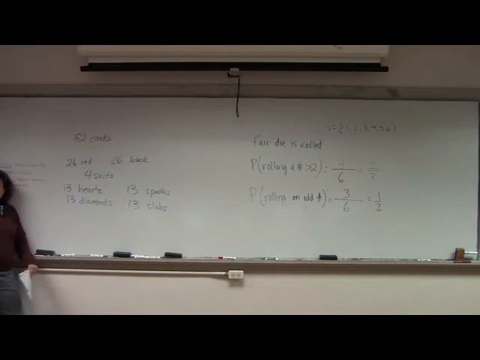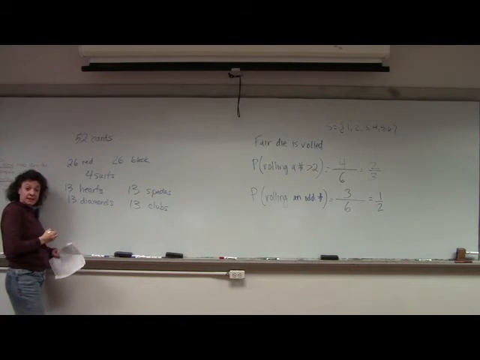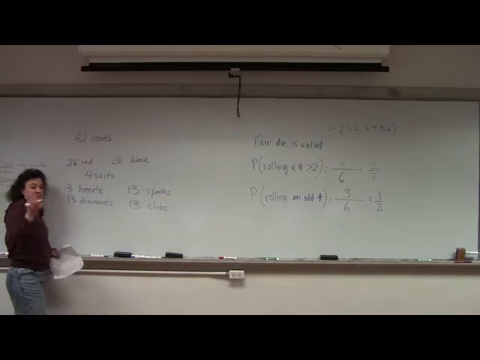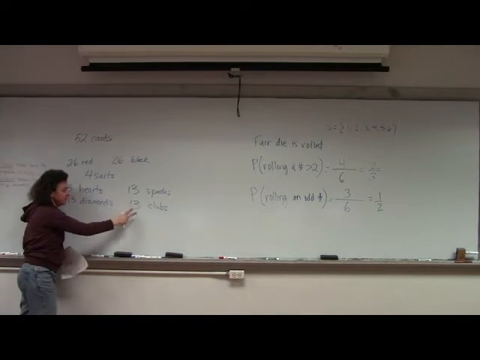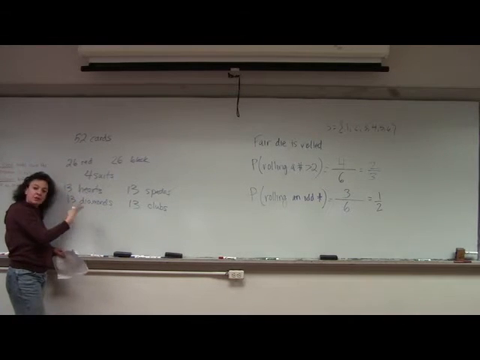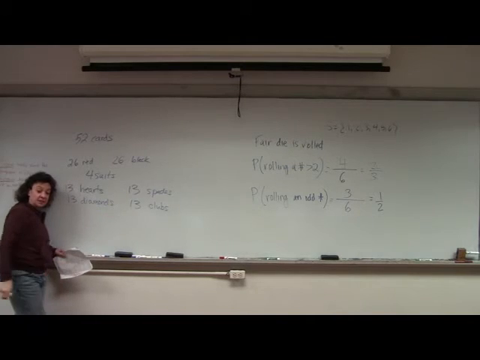Okay, so the other thing I'd like to mention about cards is we have ace, 2, 3, 4, 5, 6, 7, 8, 9, 10, and then we have jack, queen, and king. Now, with cards, let's just take 10. You're going to have a 10 of hearts, a 10 of diamonds, a 10 of spades, a 10 of clubs. With any of those cards, you have 1 of each suit.